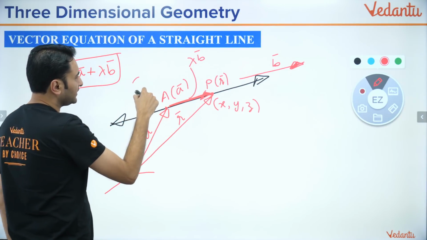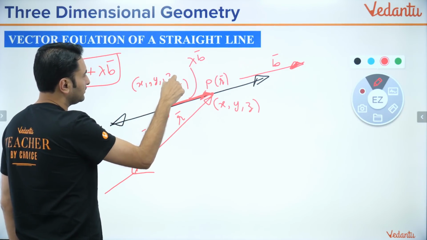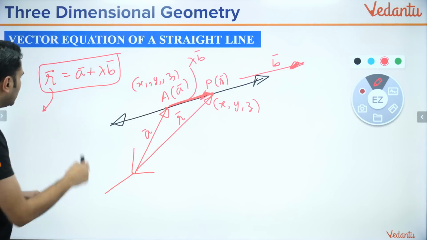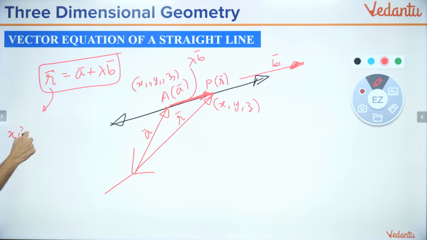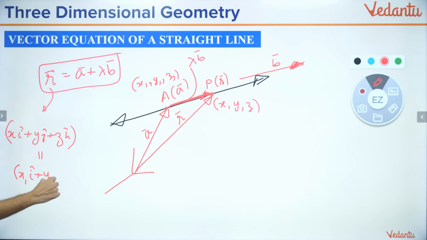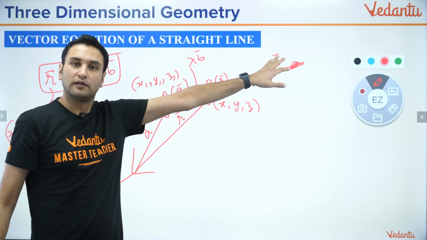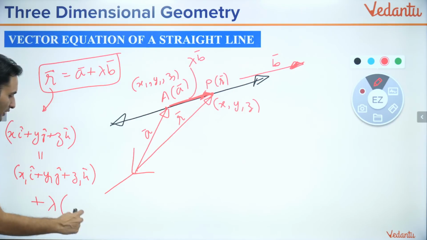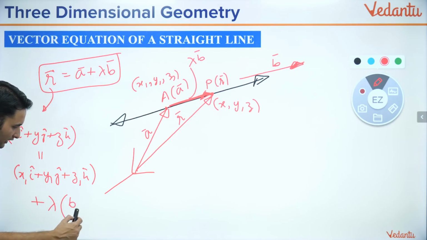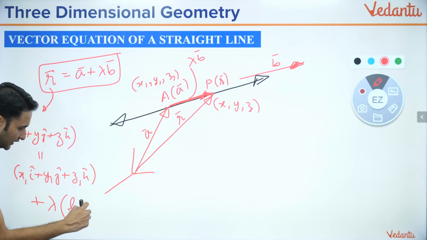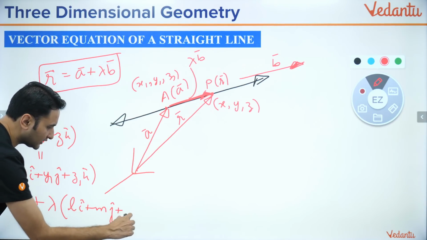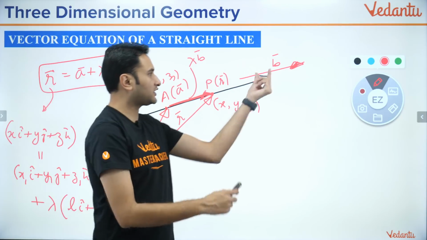Imagine this point is say x1, y1, z1, fixed point through which the line passes. तो आप इसको क्या लिख सकते हो? xi plus yj plus zk is equal to x1i plus y1j plus z1k plus lambda times, ठीक है, b वेक्टर. b वेक्टर को आप कुछ बोल दो, मान लीजिए for example, li plus mj plus nk. It represents the direction, for example.